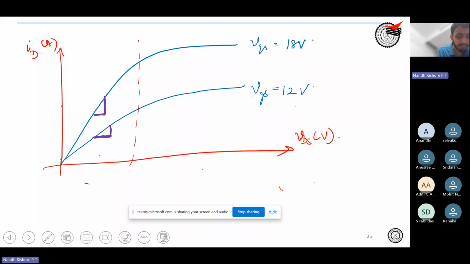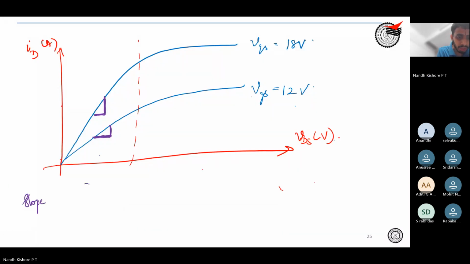So basically, your slope is delta ID divided by delta VDS, correct? This is your slope. So this is I by V, right? Basically 1 by R, 1 by RDS. So if your slope is more, RDS is lesser.